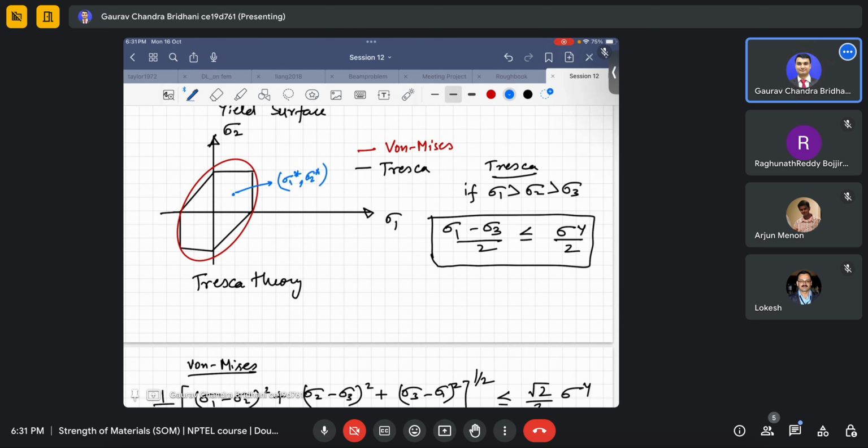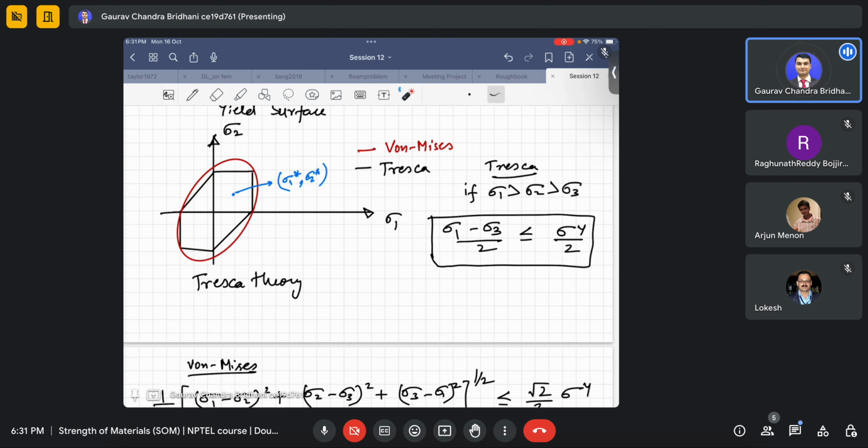Now this point, as we know, being inside the envelope of the Tresca, right now I'm talking about Tresca, inside this hexagonal shape, the material on which we have applied this state of stress at a point will not be subjected to any failure, because it lies inside the yield surface.